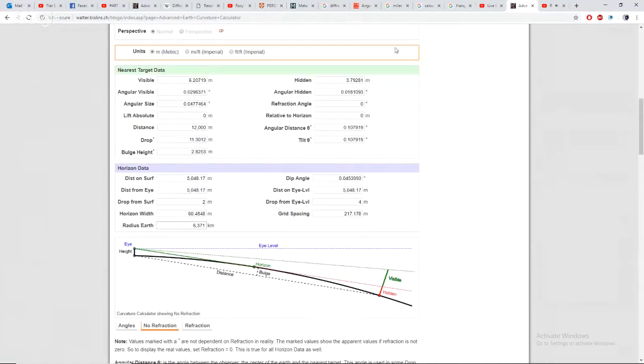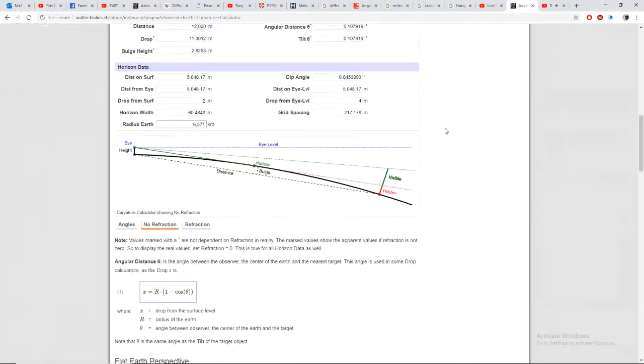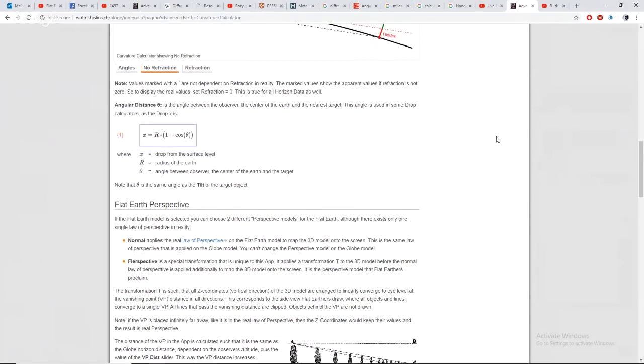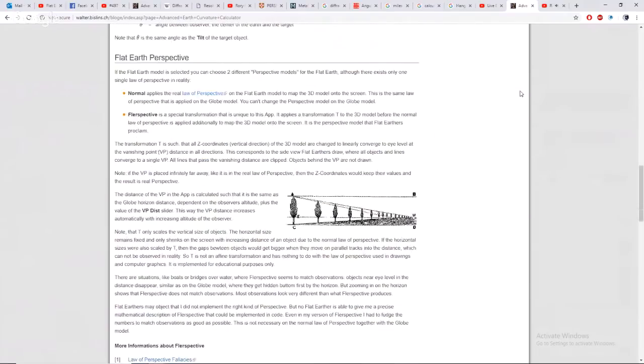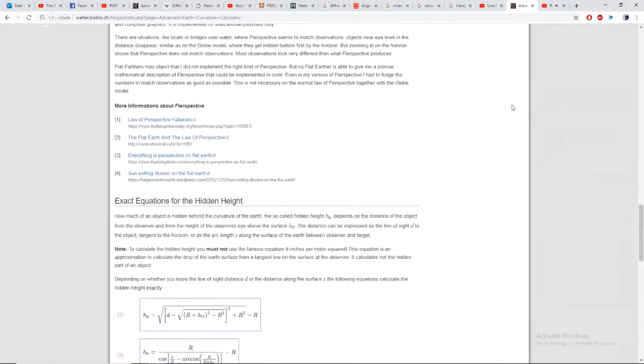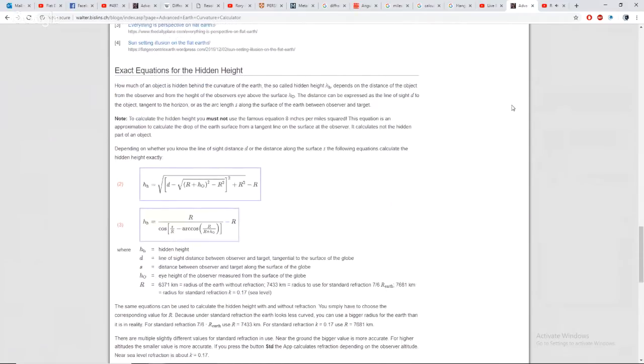This is obviously the Walter Bislin's. We're looking for, and the reason I'm doing this right now is because I have a feeling that the Globers will perhaps start to change things again, just like they've started to include the angular size of things. But I'm looking for anywhere that it states that they take into account that things are too small to be seen, because that is our entire argument.